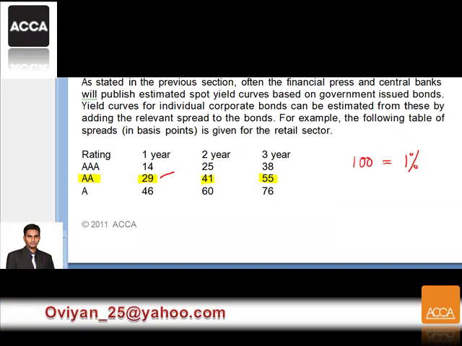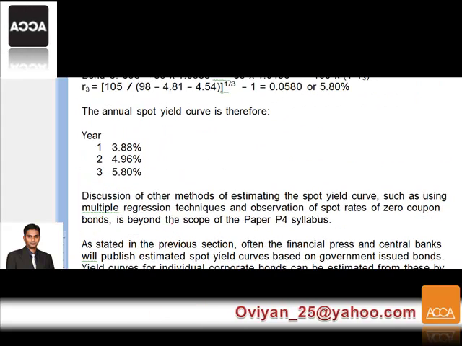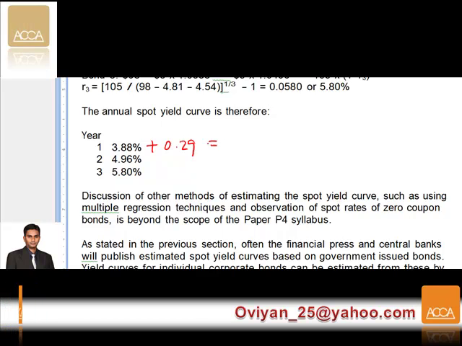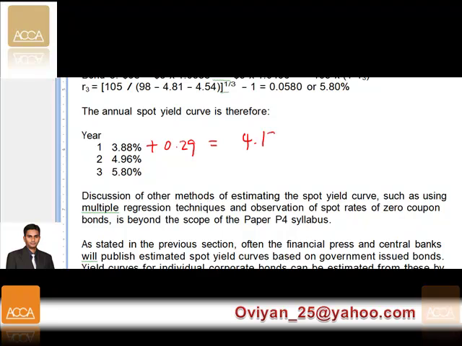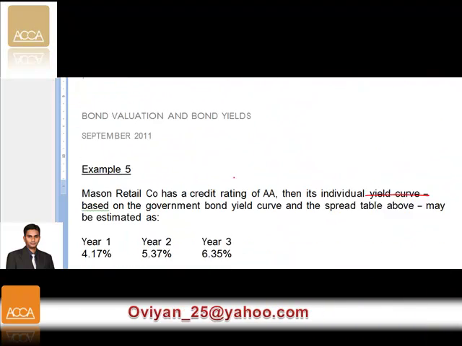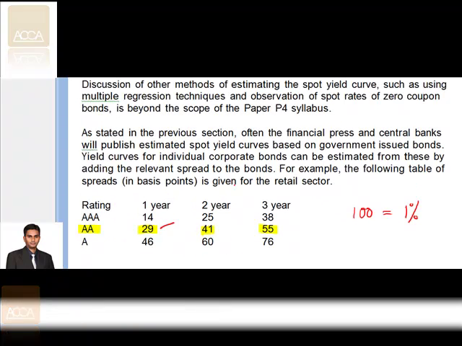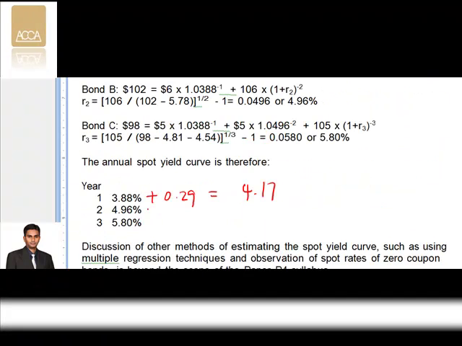So what are you going to get here? For year 1, how will the yield curve for this company be? You take 29 basis points, which is 0.29, and add it to the year 1 yield, and you're going to get 4.17 for this company for year 1. The second one is 41 basis points.